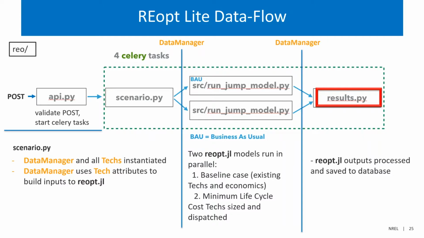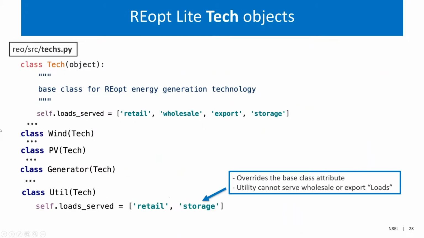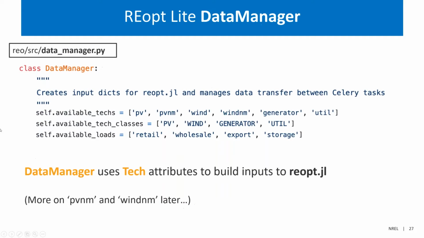The next piece I want to show is this data manager class. This is a Python class that, again, uses those tech objects to create all of our inputs to the optimization model. We're looking now at the REO source data manager Python file, and I'm just showing a couple of highlights from this class.